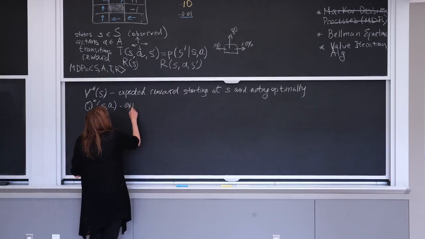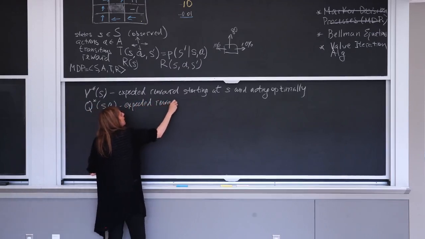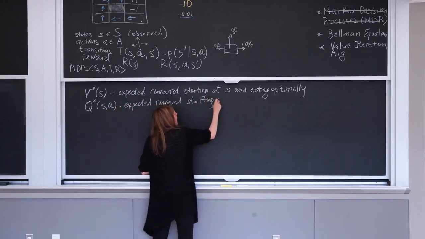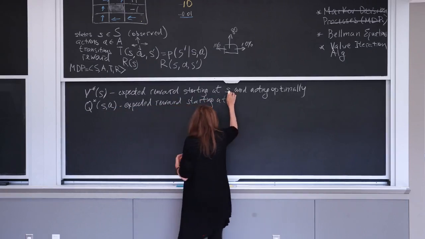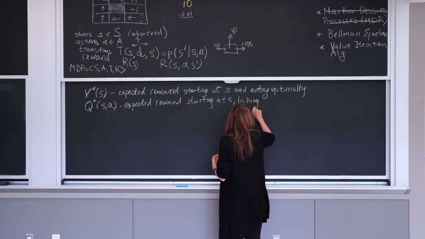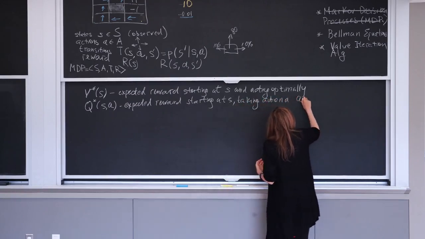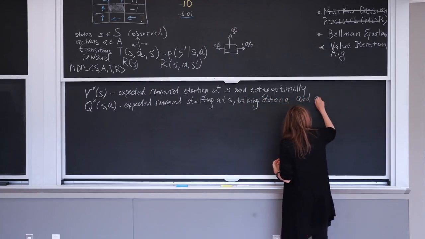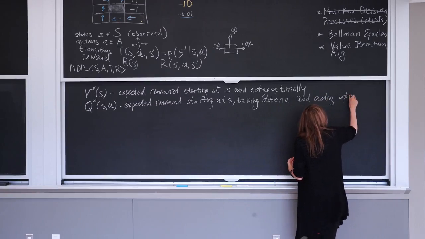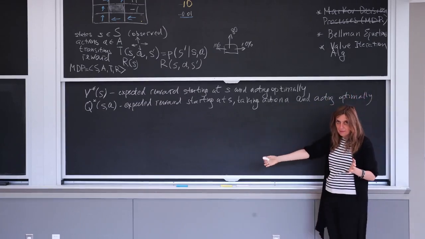So expected reward starting at S, this is like before, then taking action A and acting optimally afterwards, until the end.